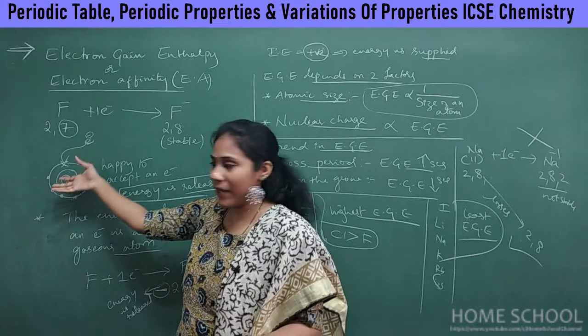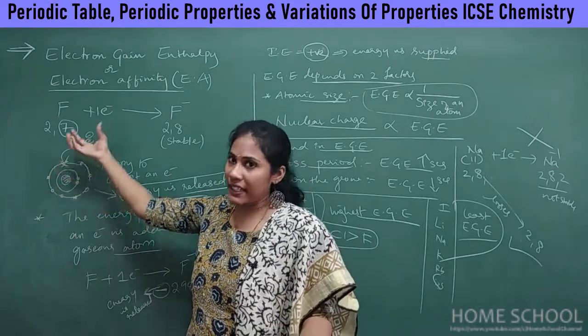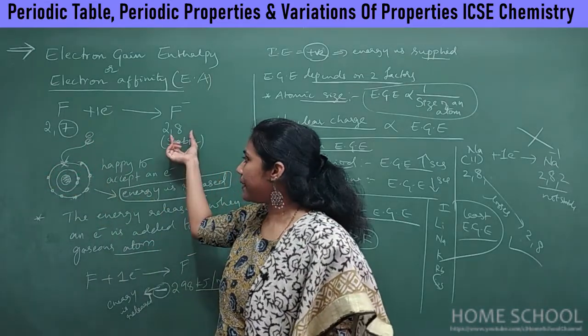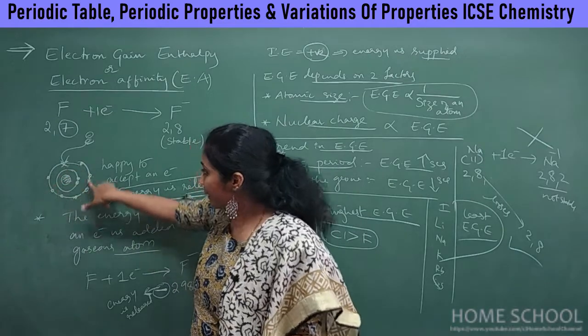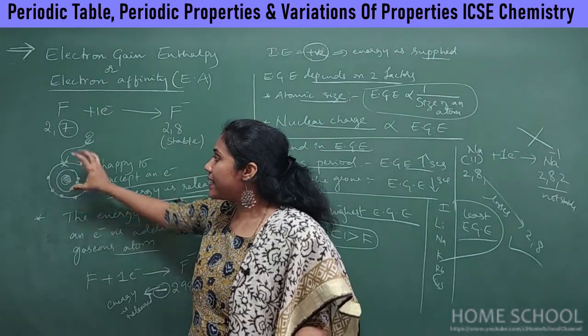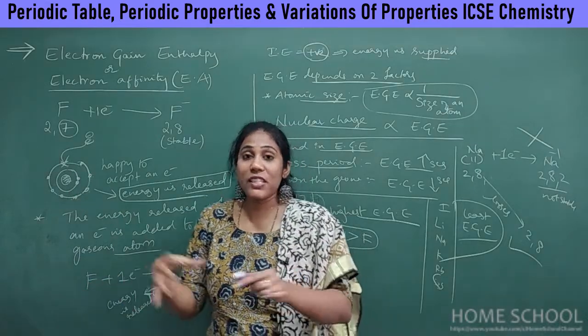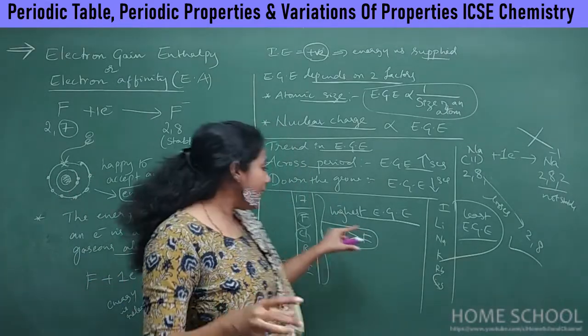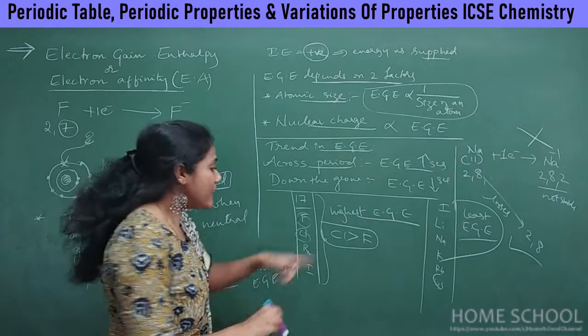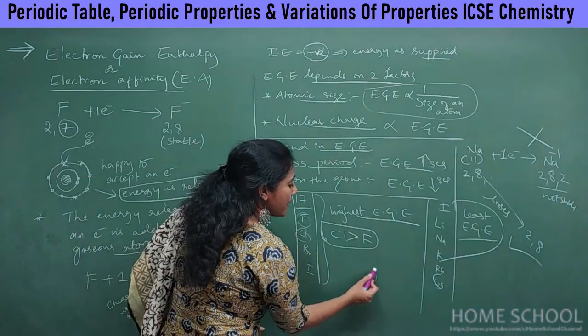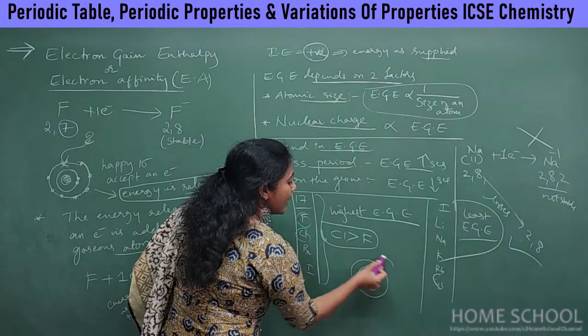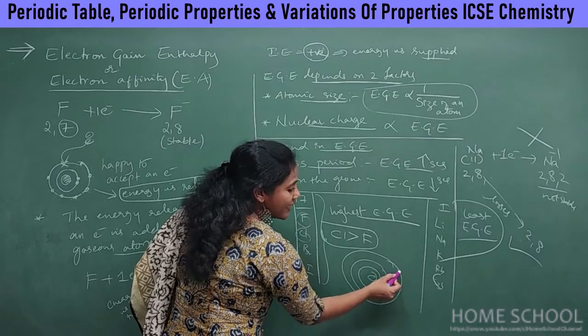Fluorine is happy to accept an electron, no doubt. One electron is necessary to achieve stability. But since the second shell is smaller in size, the fighting between electrons takes place. That's what we call inter-electronic repulsion. Whereas chlorine is a much bigger atom, right? The outermost shell for chlorine is the third shell.